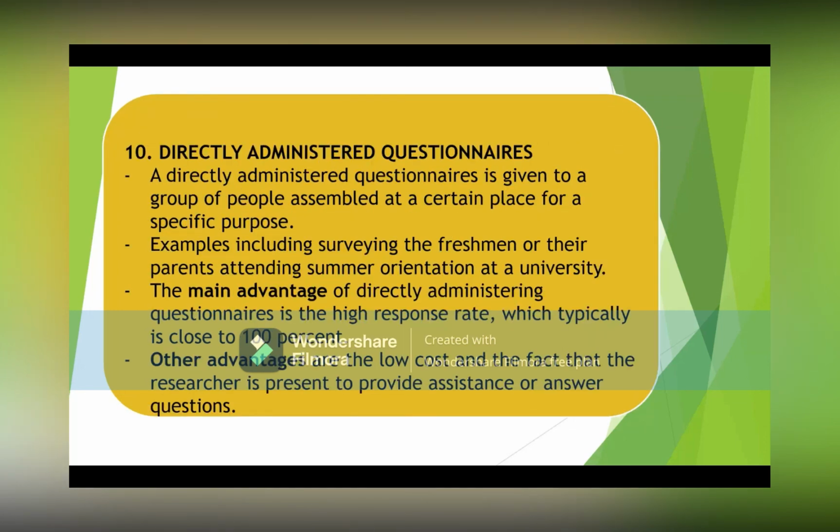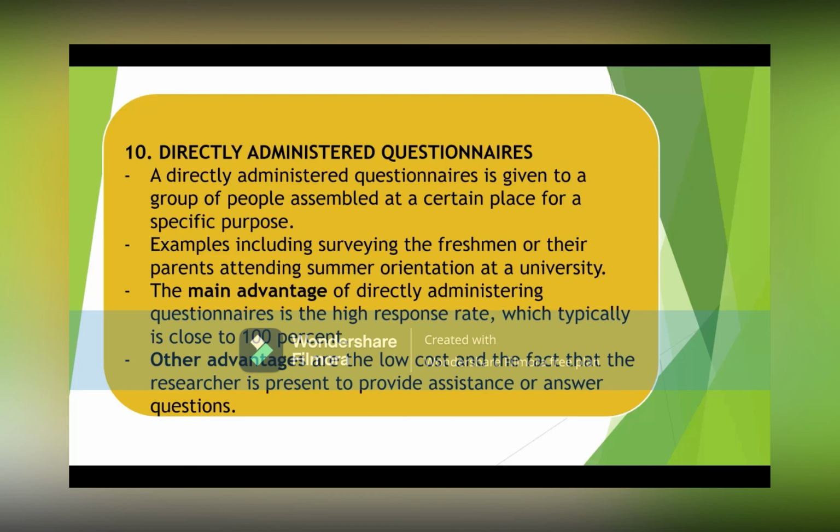Next, 10. Directly administered questionnaires. A directly administered questionnaire is given to a group of people assembled at a certain place for a specific purpose. Examples include surveying the freshmen or the parents attending summer orientation at a university. The main advantage of directly administering questionnaires is the high response rate, which typically is close to 100%.